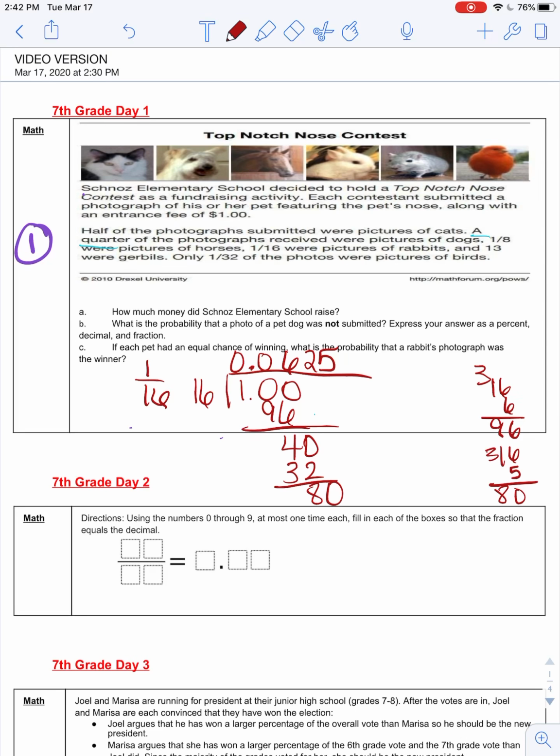Okay, so that would be the decimal form. Now to get that in a percent, we have to move the decimal to the right 2 places. 1, 2, making that a 6.25% chance of the rabbit being chosen. So that's all we have for day 1.